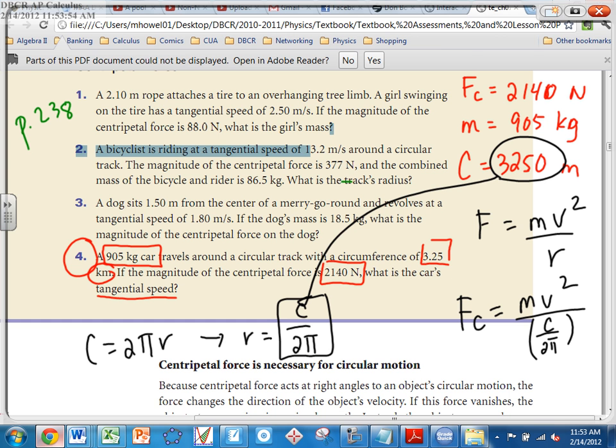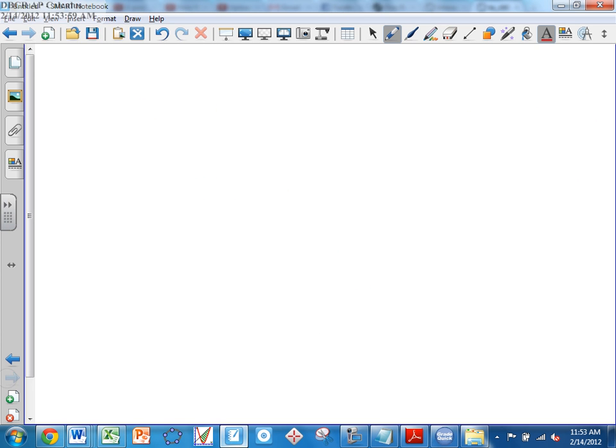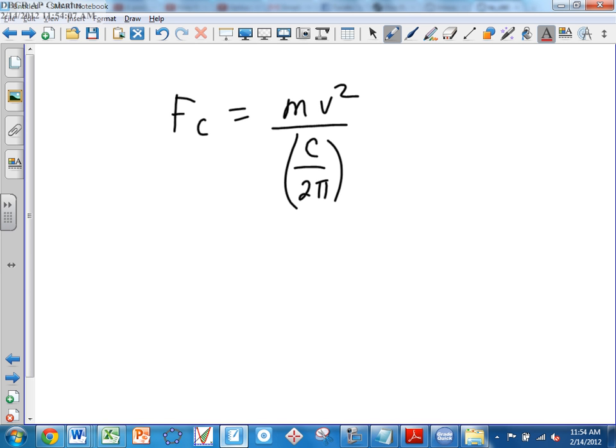Fc equals mv squared over c over 2 pi. That's where we left off. If you want to solve for the radius and get the number, that's fine. But now this becomes Fc equals 2 pi mv squared over c.